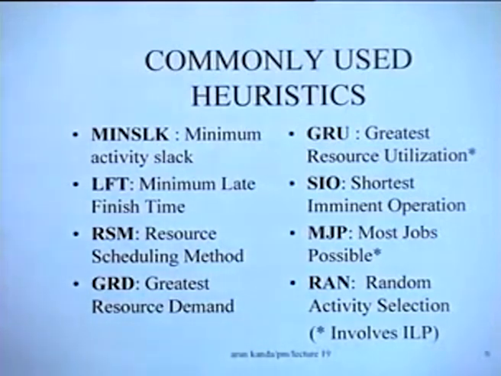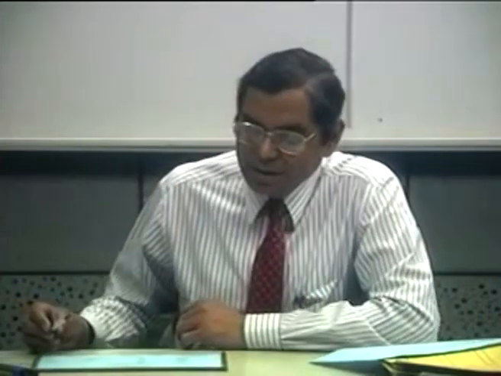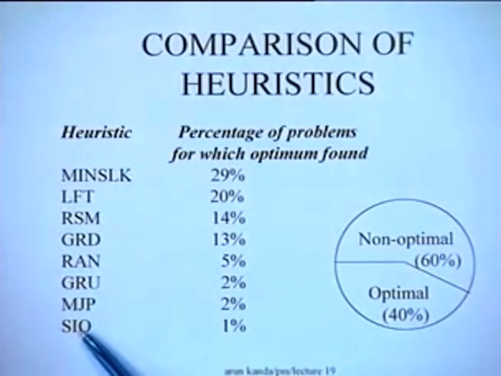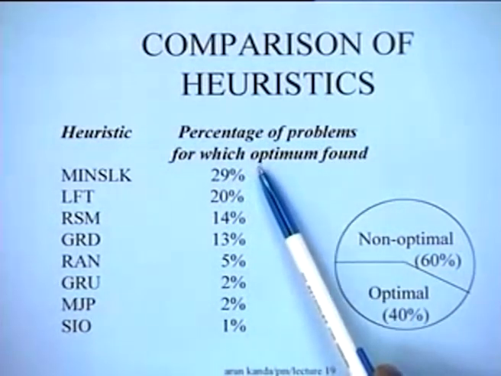So in one particular study, these 8 heuristics were compared, and it's interesting to see the results that were obtained. This is an ordering of the heuristics in terms of the percentage of problems for which the optimum was found.